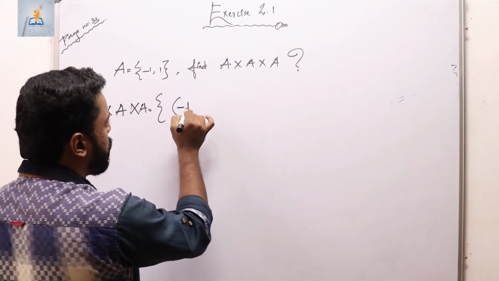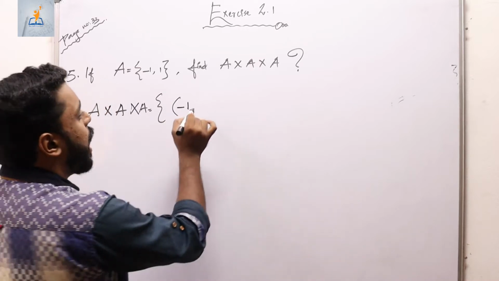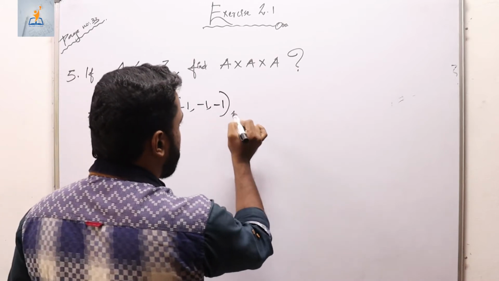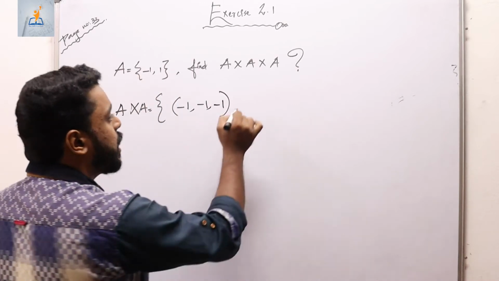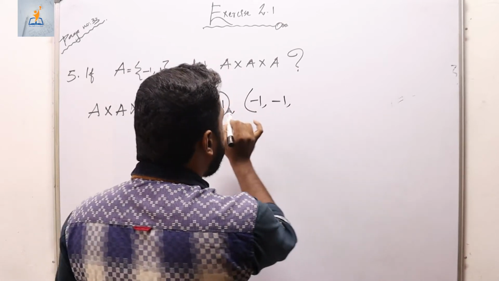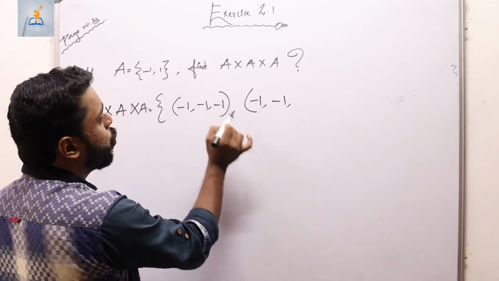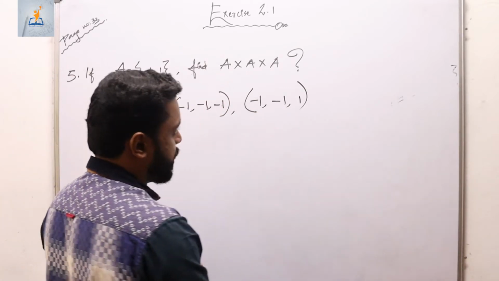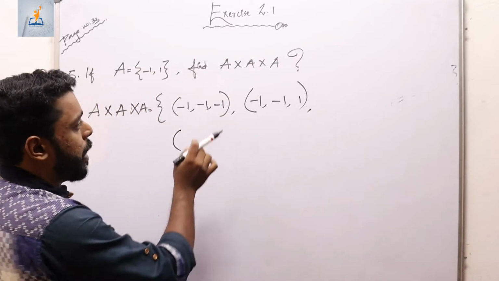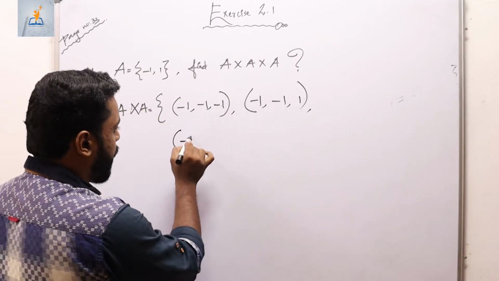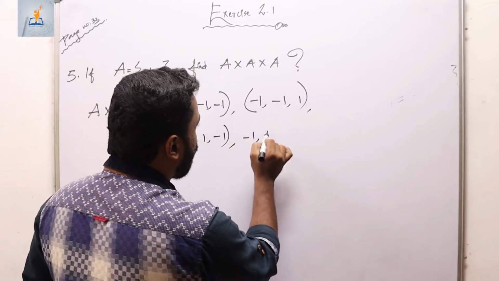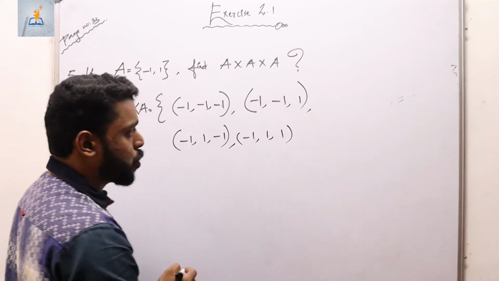First I am fixing -1 in the first place, and again -1 in the second place and -1 in the third place also. So I got the first ordered triplet. Now -1 in the first place, -1 in the second place, and I am changing the last -1 to 1. So I got the next ordered triplet. Now I am again making triplets by changing the second one: (-1, 1, -1) and (-1, 1, 1) as the next two triplets.